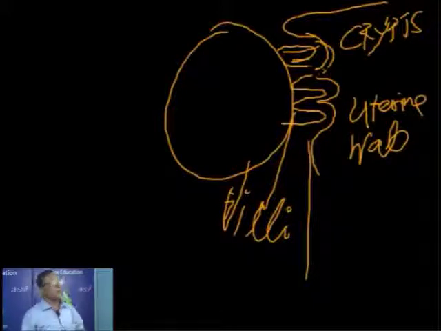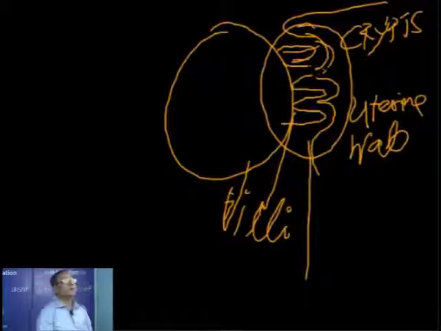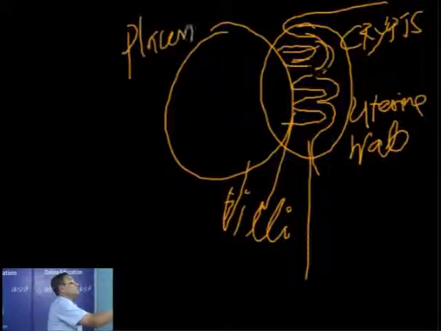The villi and the crypts become interdigitated together to form a plate-like structure, and that structure is called a placenta.